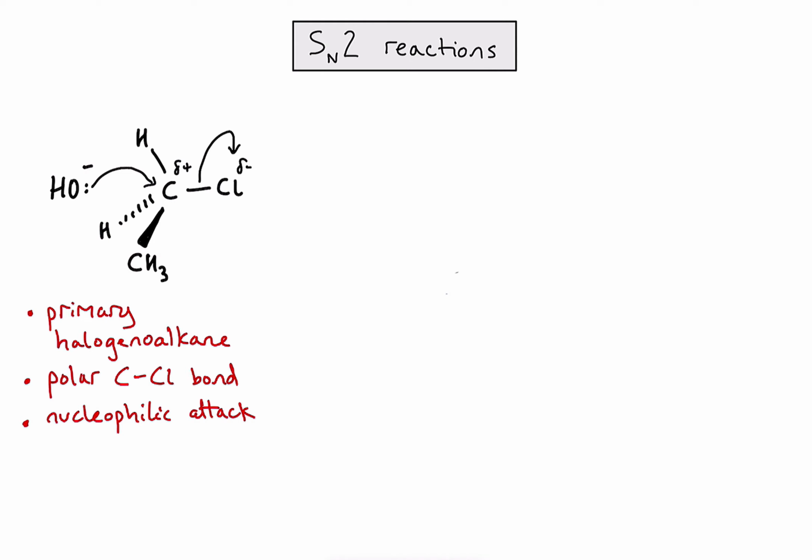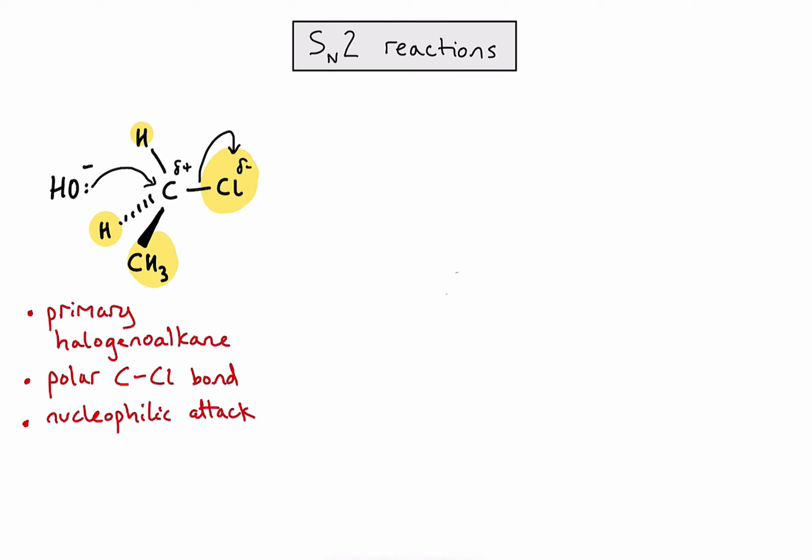Now you'll notice that I've drawn this primary halogenoalkane in 3D. And the reason for that is to do with in what direction my hydroxide ion is going to attack that central carbon. If I were to show the approximate sizes of my different groups in my halogenoalkane, I've got a pretty big chlorine there, a fairly big CH3 group, and then 2 small hydrogens.